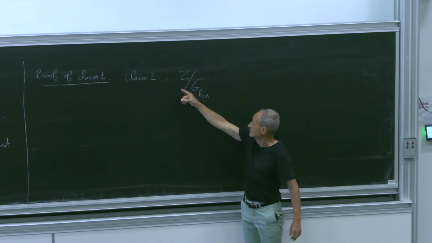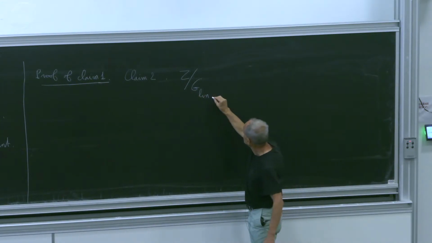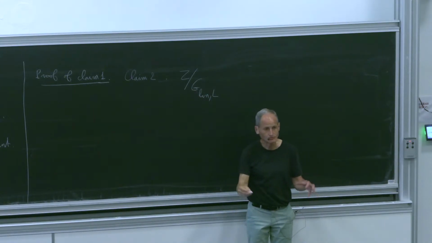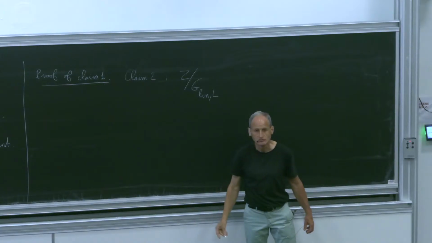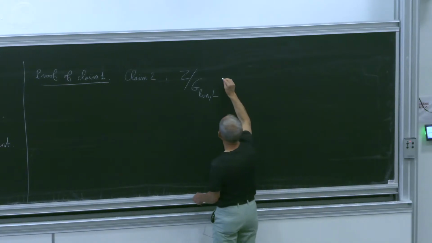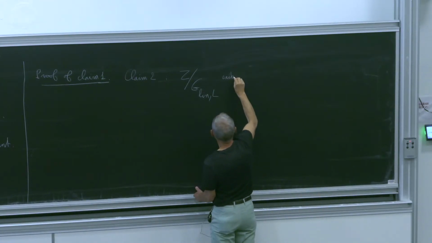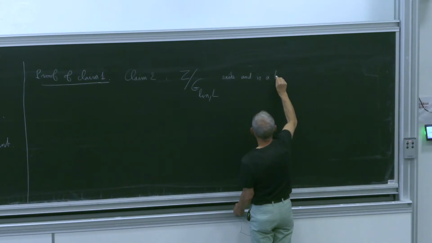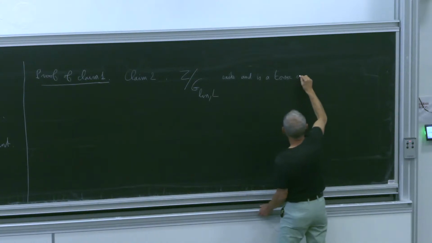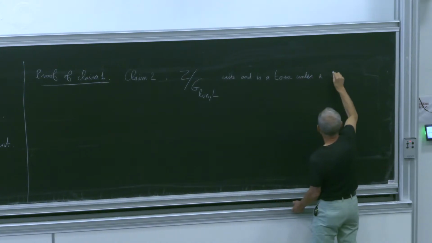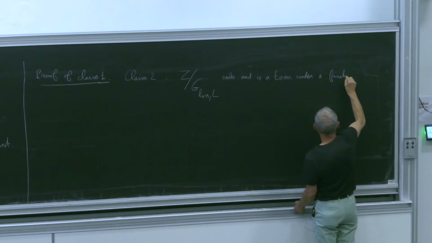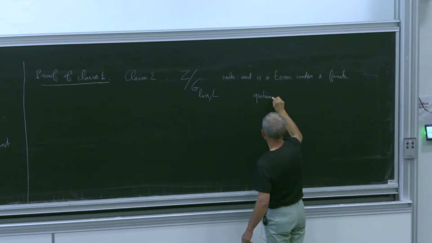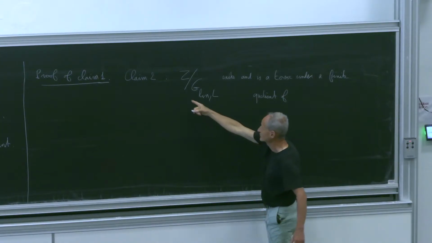You have a variety with G_L action, you take the quotient by this subgroup. But first of all, it exists, and is a torsor under a finite quotient of what remains.